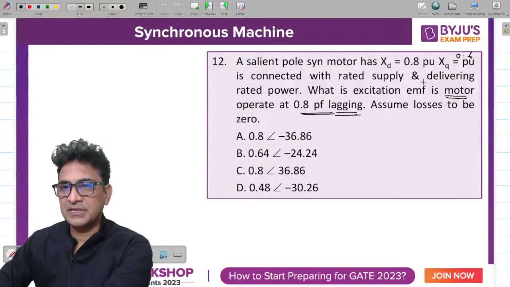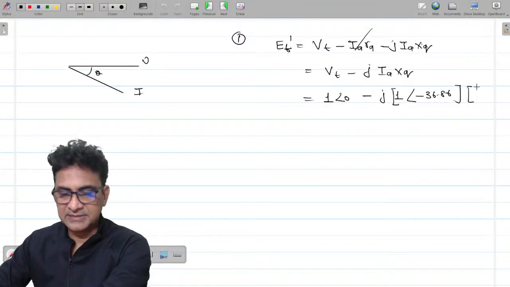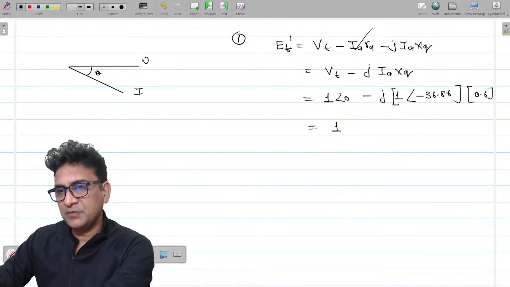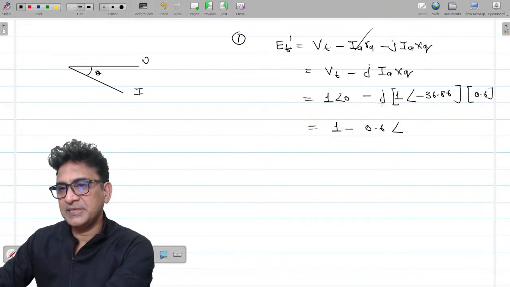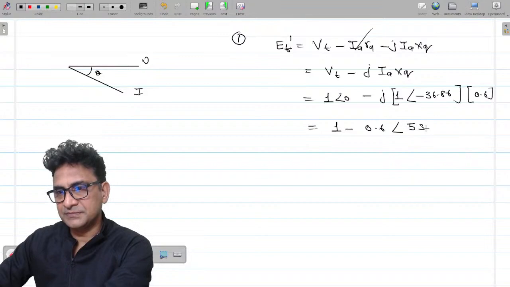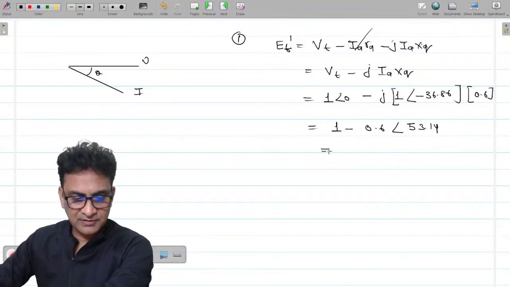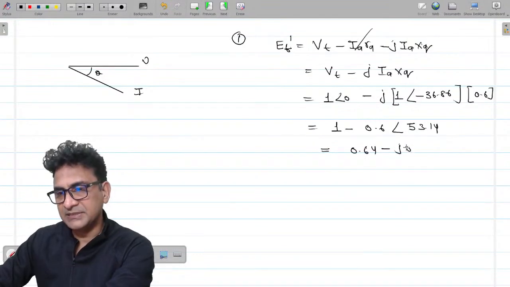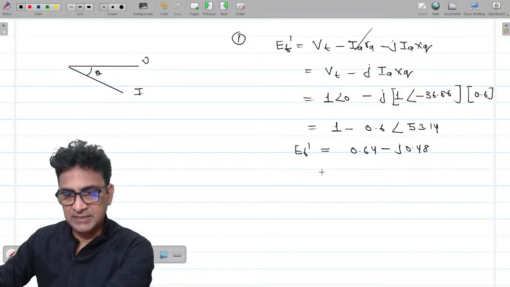XQ is again 0.6. So it becomes 1 minus 0.6 angle, j is 90 degrees, so 53.14. If you solve this, you will get 0.64 minus j0.48. This is the value of EF dash.